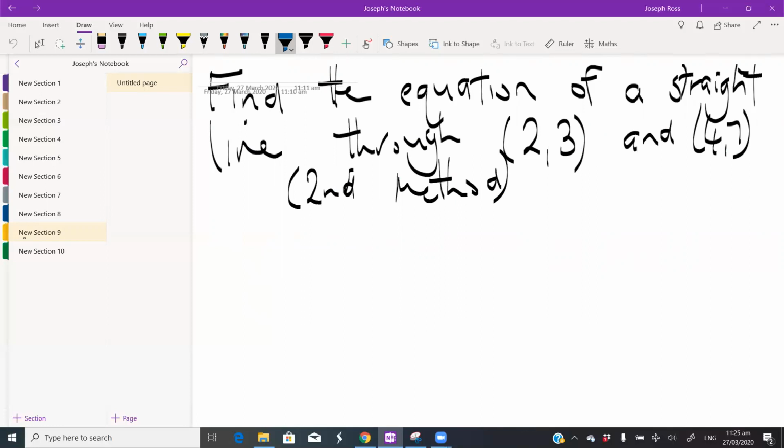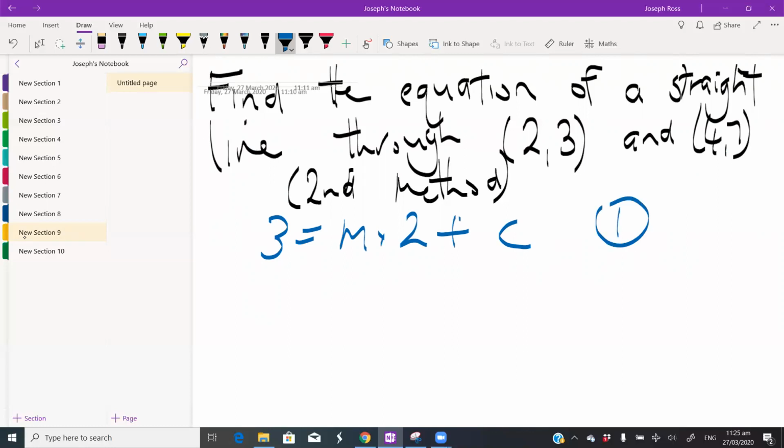We're doing the same problem as we did on the last page, just in a slightly different way. If we substitute the point 2, 3 into that equation, so x is 2, y is 3, into y equals mx plus c, we get 3 equals m times 2 plus c, which is going to be our first equation.